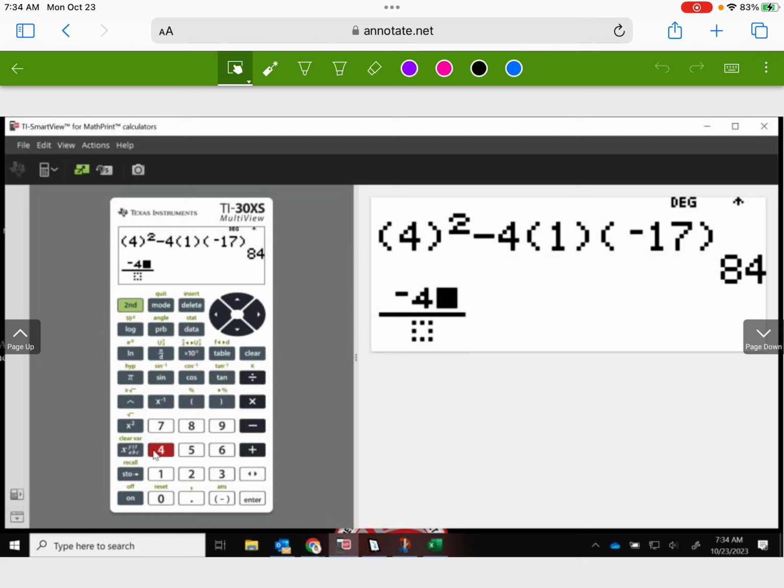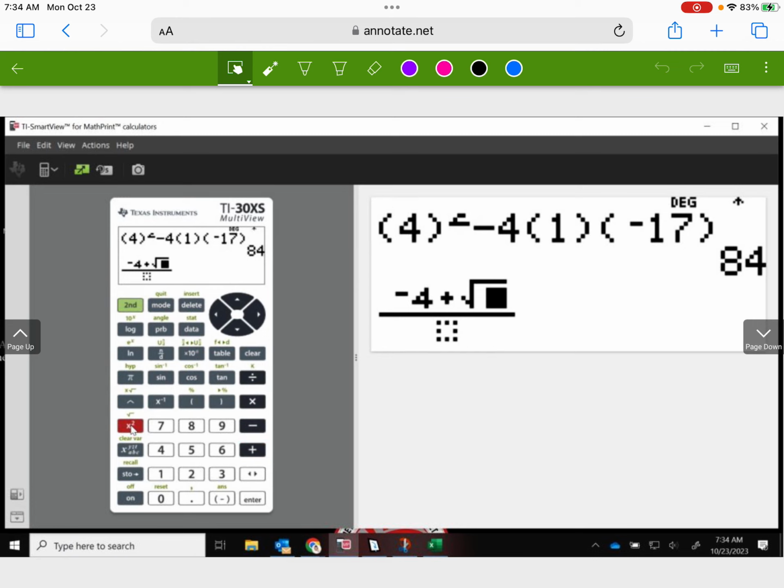There is not a button on my calculator that says plus or minus. So we're going to do it once with a plus, and once with a minus. I'm going to start with my plus, square root of 84 over 2. I can see here that I've typed things correctly.